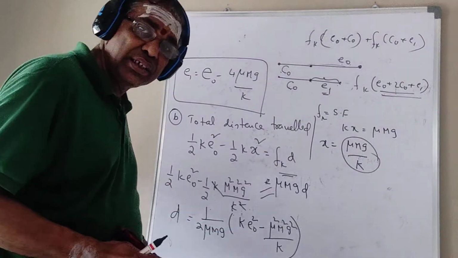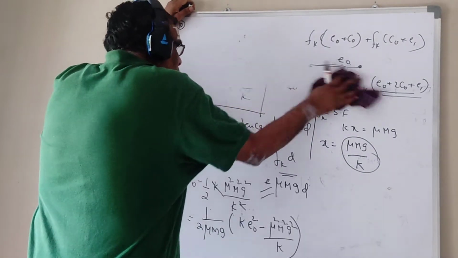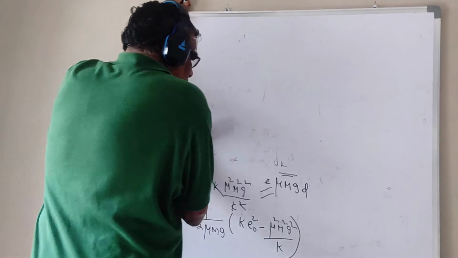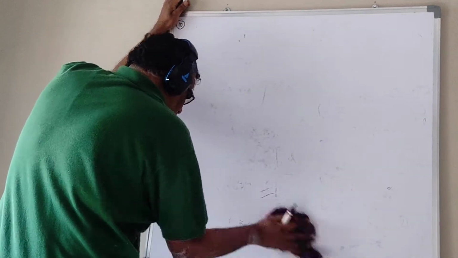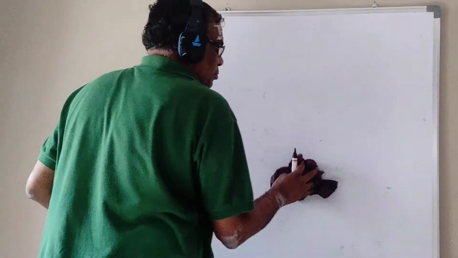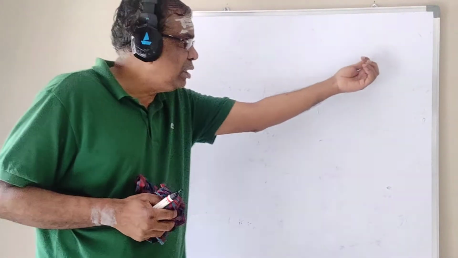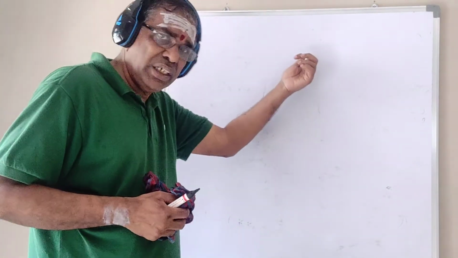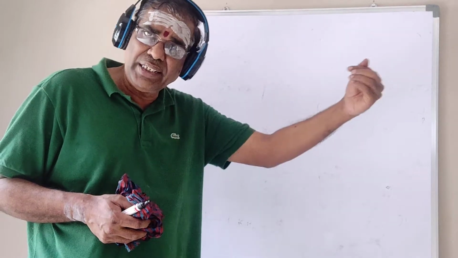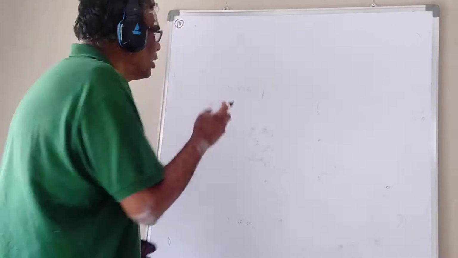This is very important. Model, how to do work against friction, etc. Now suppose you want to know what is the work done by spring. From E naught to 0, it is the spring force and movement is in the same direction, so positive work.